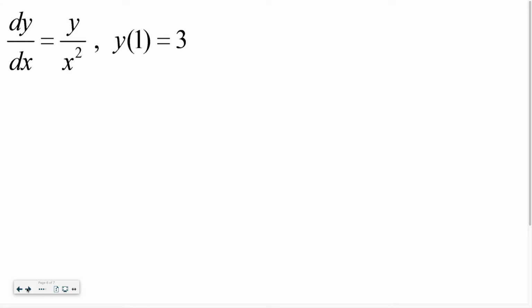But at your table, with the assistance of your peers, I would like you to do the separation of variables to get to only the general solution. 1, 2, 3, go. It is okay to talk to each other. Very good.